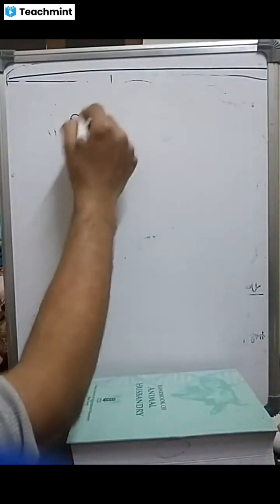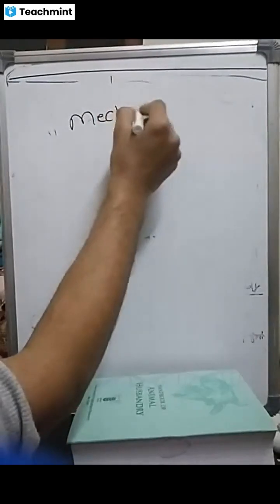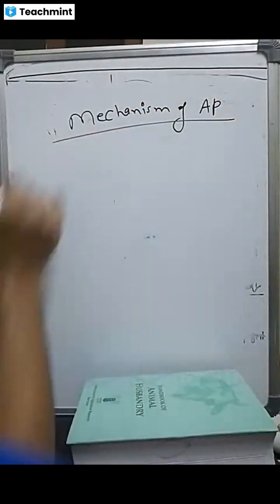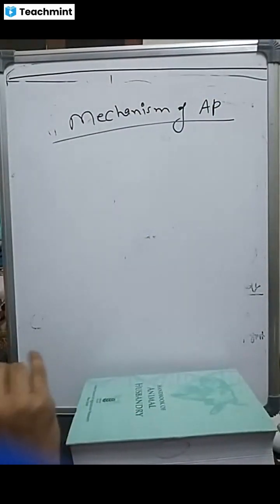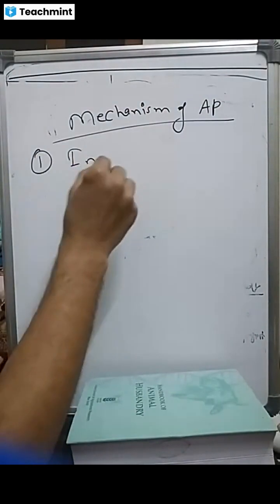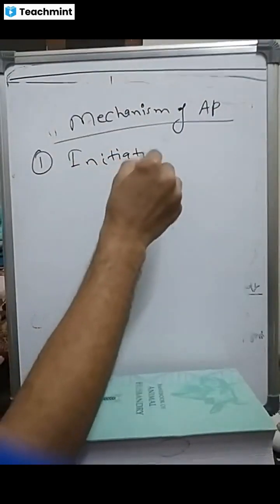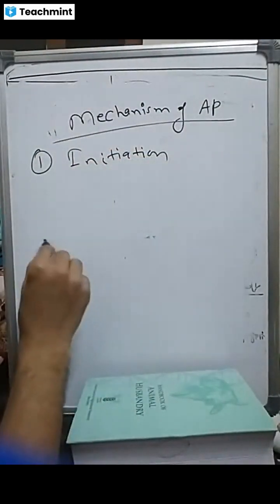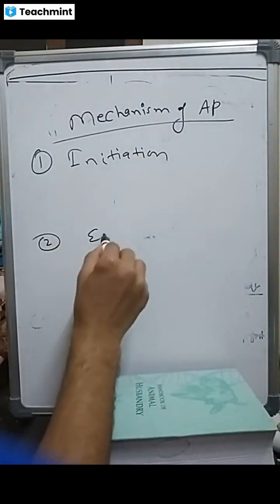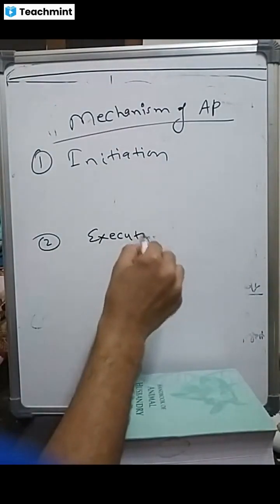Next is the mechanism of apoptosis. What is the basic mechanism of apoptosis? Just remember two words: one is initiation, and the second is execution.